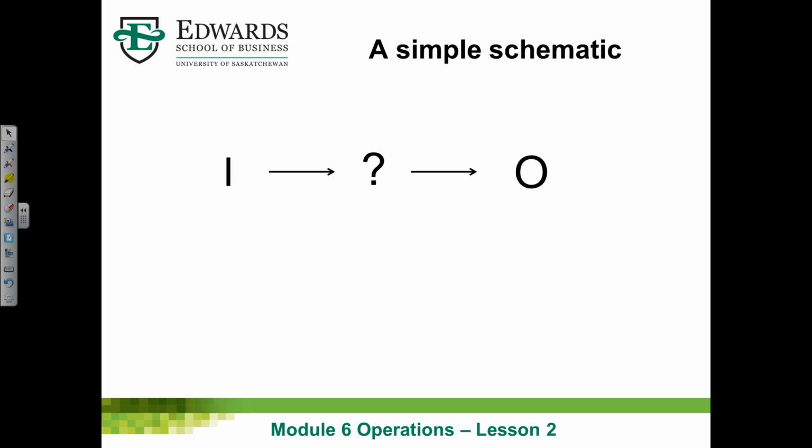The letter O on the right-hand side stands for outputs. The question mark in the middle is operations management. Operations management, again, is that transformation process that's taking inputs and doing something with them to produce outputs on the other side. So the I, question mark, O, again, can be a simple schematic that you might want to jot down or remember as a way of really capturing the essence of operations management.